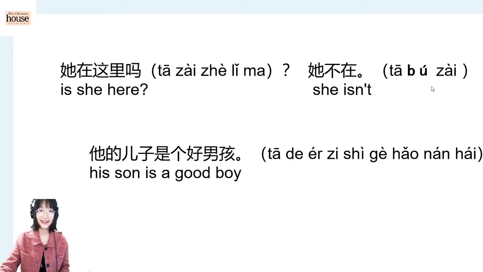So it's practice time. Is she here? 她在这里吗? We just learned 我不在这里. This is 她在这里吗. 她 means she, her.